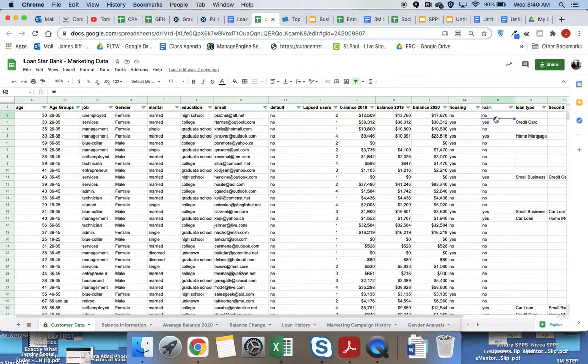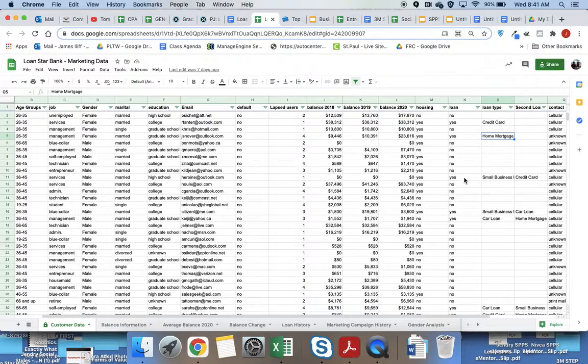No. This person has had a loan with Lone Star, and you can see what kind of loan it is. Technically a credit card. This person has a loan with Lone Star, and it's a home mortgage. Oh, look at this one. This person has taken out two loans, a small business loan and a credit card loan.